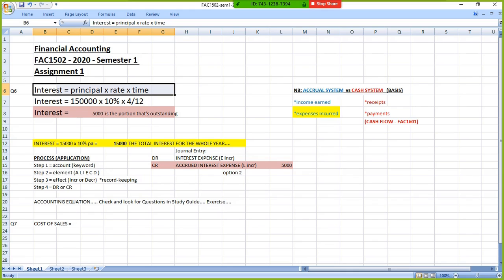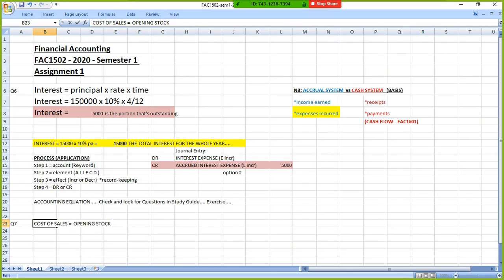Maybe if you want to, you could even show structure, maybe show a little statement of comprehensive income or a statement of financial position or a statement of changes in equity. It's up to you. You can make it as detailed or as summarized as you want to, but at least have something that you can just look at quickly. So you're not paging through lots and lots of information to try to find something when you can just look at this and say, there's my formula, I can use it. That's a great idea, thank you.